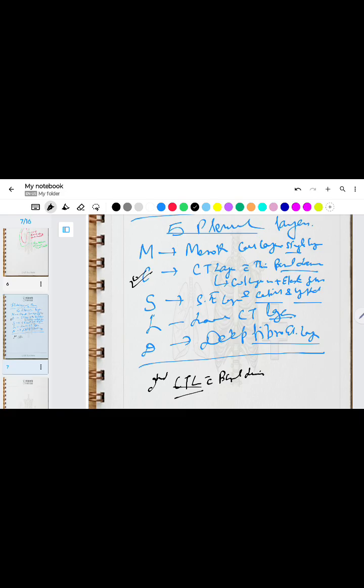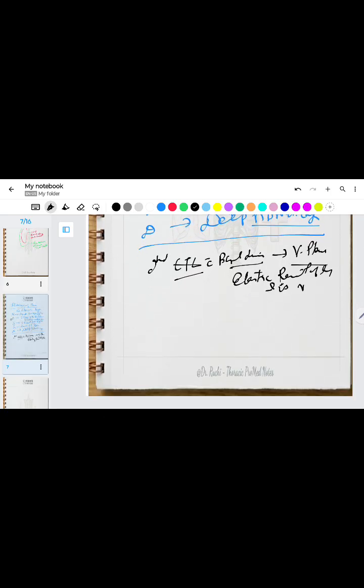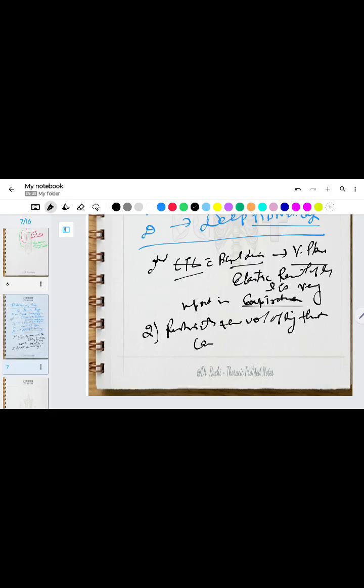It is very important in the visceral pleura. This layer, because it contributes to the elastic recoil of the lung, is very important in expiration. Okay, this is the layer that restricts the volume of the lung that can be expanded.